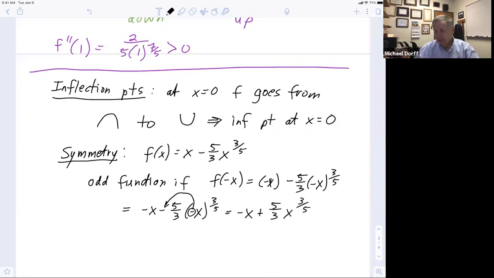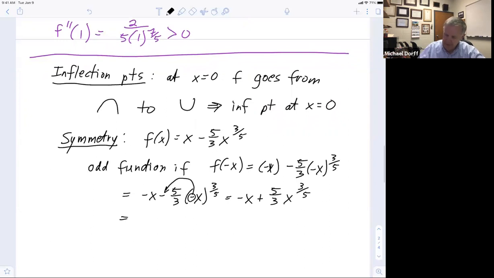That negative can come out because I'm doing negative x cubed, which would be negative x times negative x times negative x. So I still have a negative sign. And then I take the fifth root of it, and when I take an odd root of a negative, I still get a negative. If I factor out a negative, I have negative parentheses x minus 5/3 x to the 3/5.